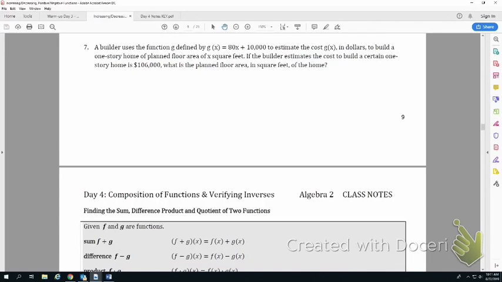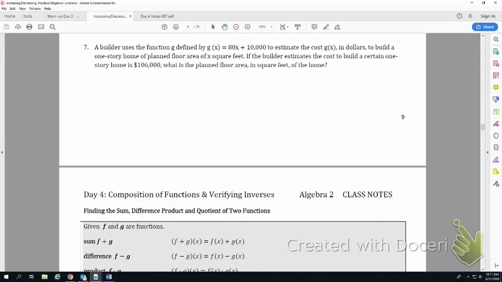Coming down to 7. This one's, I think, worded a little wrong too, but I'll read it the way it'll make sense. It says a builder uses the function g defined by g of x equals 80x plus 10,000 to estimate the cost g of x in dollars to build a one-story home with a planned floor area of x square feet.